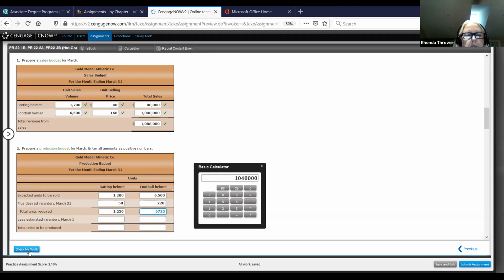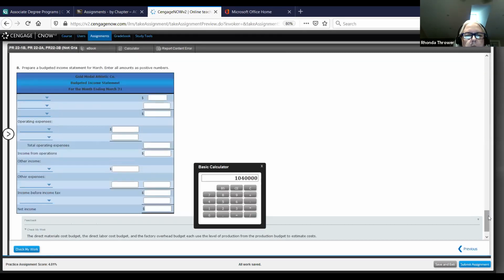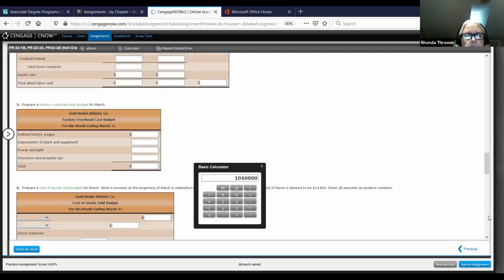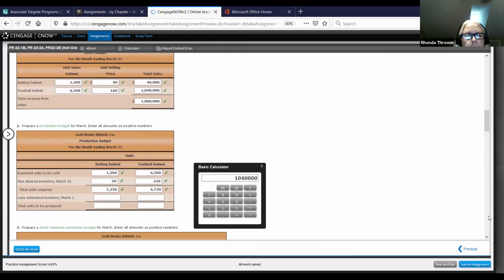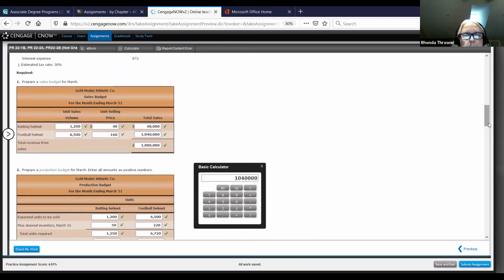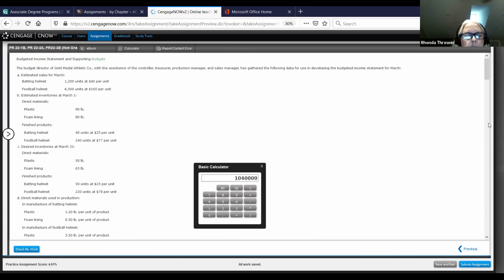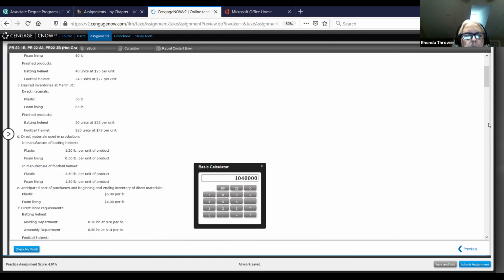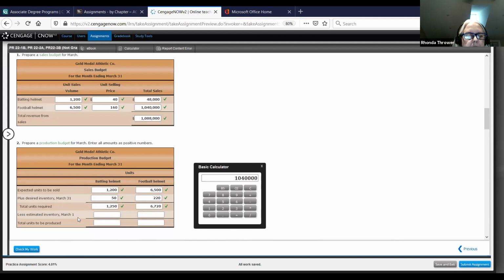And again, it's a good idea to check your work often because you want to make sure that you have your information correct to this point. Then what you're going to do is subtract out your beginning inventory that was estimated.